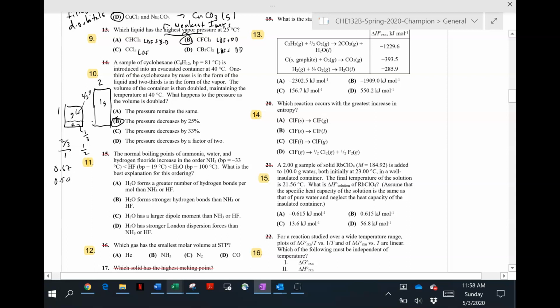If I look at NH3, HF, and H2O, London dispersion forces are proportional to the number of electrons. So NH3, nitrogen has 7, that's 10 electrons. HF has 10 electrons, and water has 10 electrons.